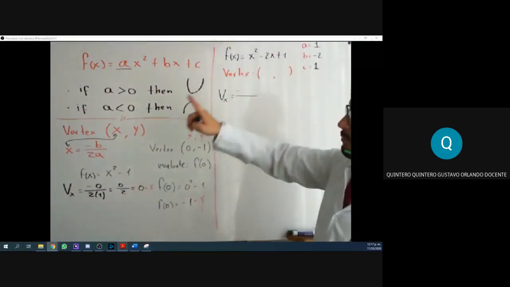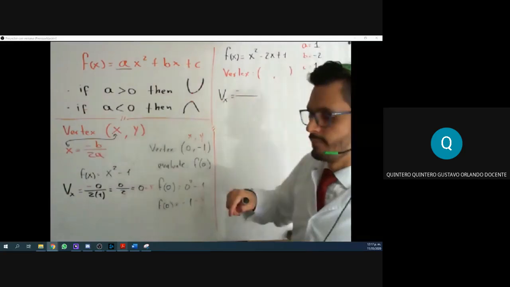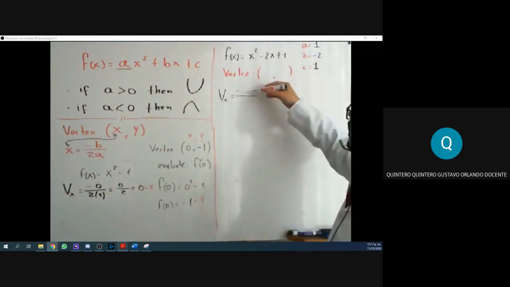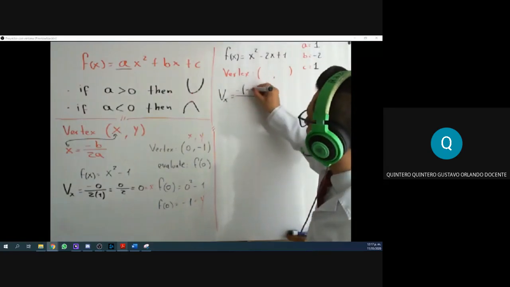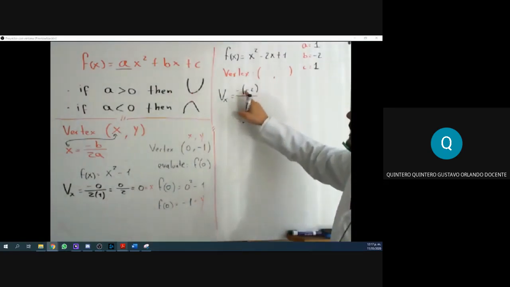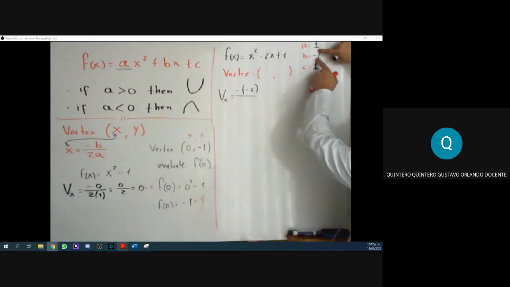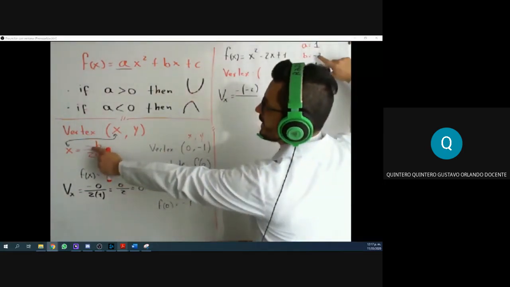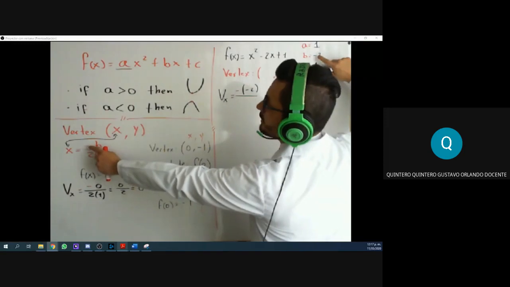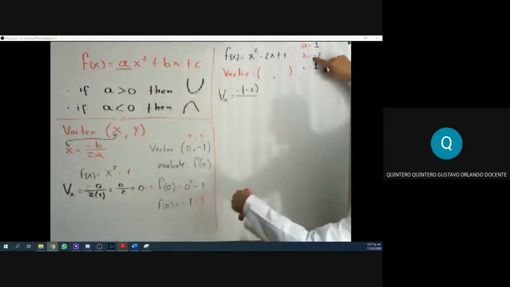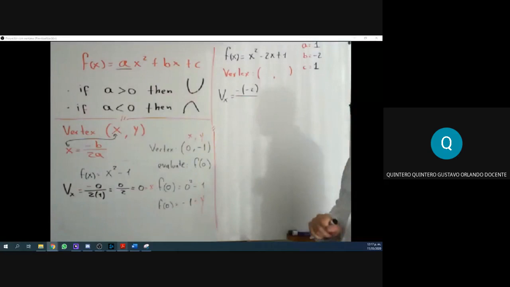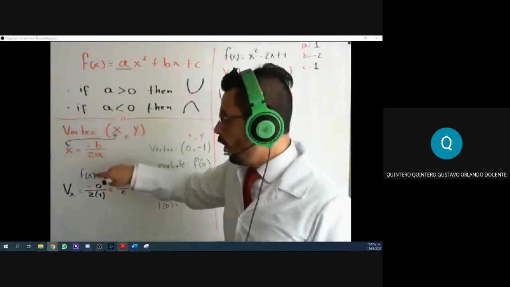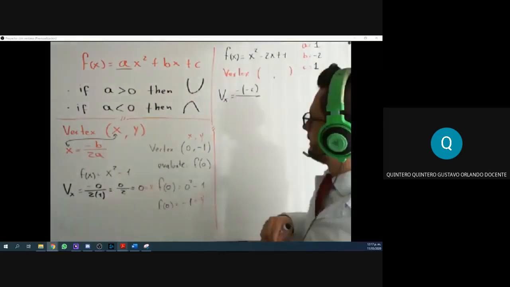So the formula was negative b. So we have our negative from the formula, and now we're going to plug in the value of b, which is negative 2. We have double negatives because b is negative 2, and the formula has one negative. Also, the formula says negative b will be over 2 times a.